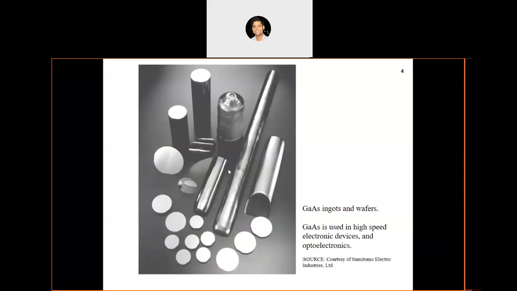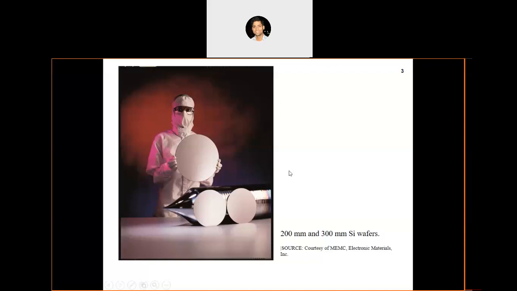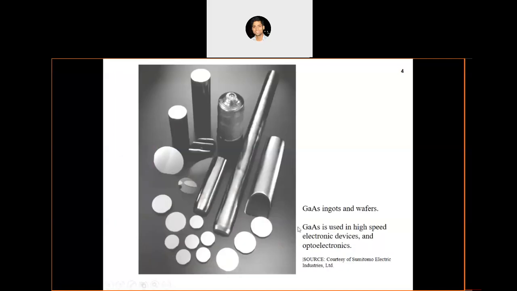Then, in addition to the wafer, which is the most used form of semiconductors, there are other forms also, like this gallium arsenide. Gallium arsenide is very commonly used in optoelectronic devices, and we will discuss why. They can also be produced in the form of ingots, or these kinds of small wafers.